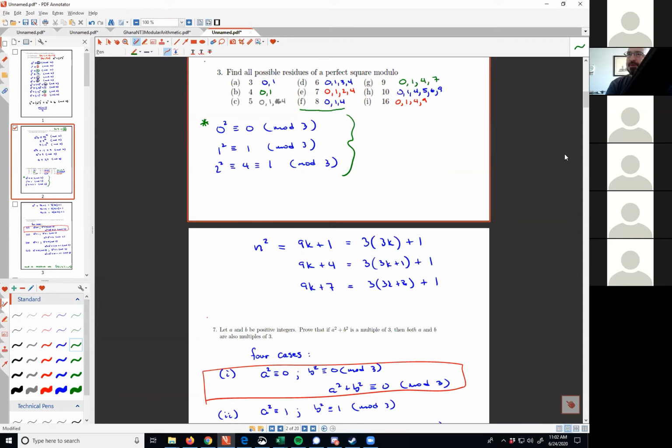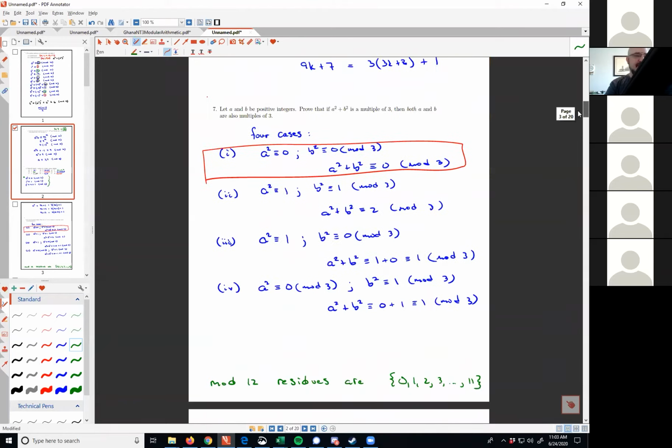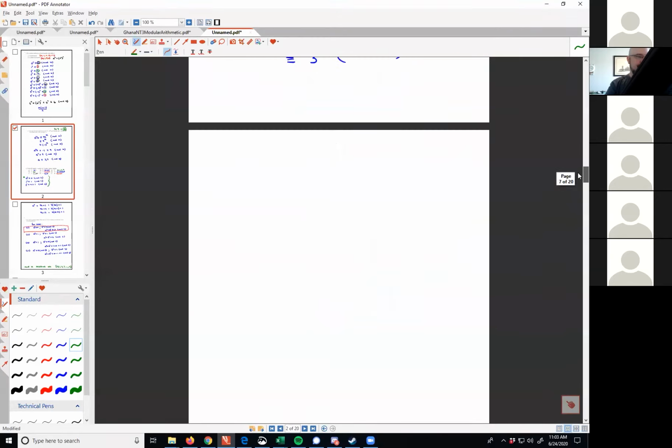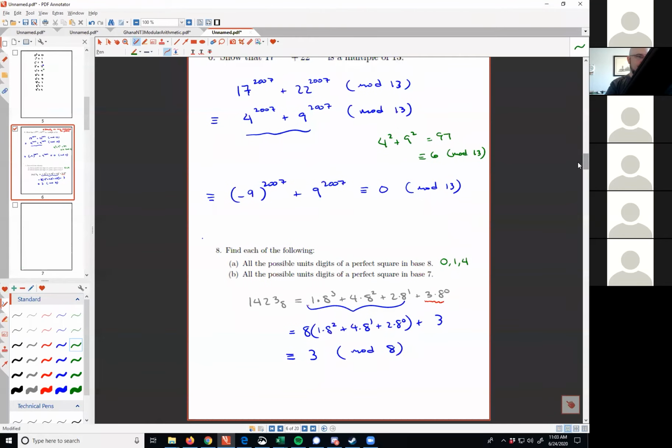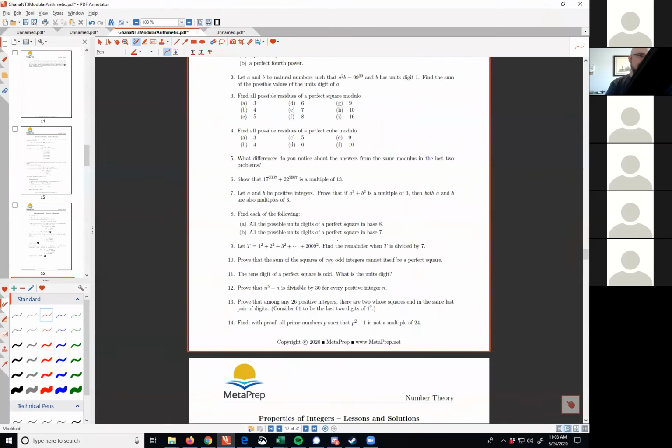What are the possible units digits of the squares? 0, 1, 2, and 4. 0, 1, 2, and 4. It's the same problem. Once we realize it's the same problem, well, there's less work to be done. Okay, let's move on to problem number 9.